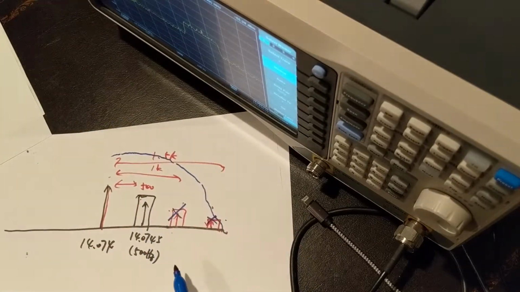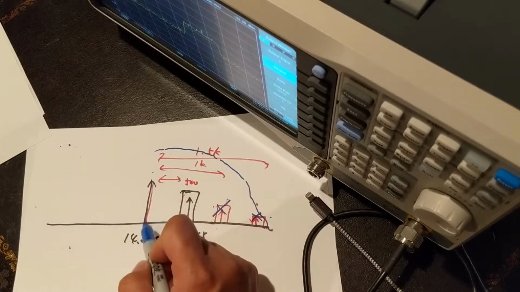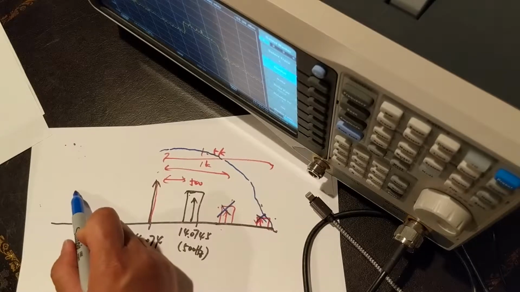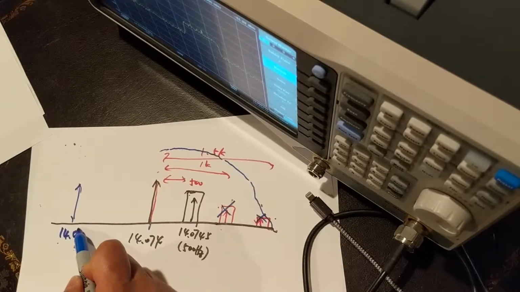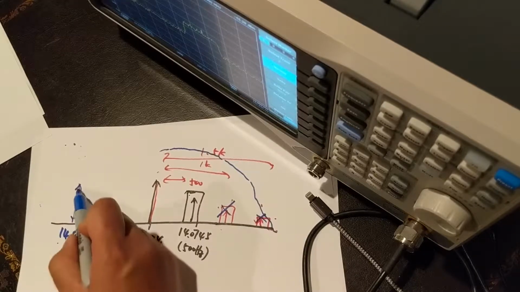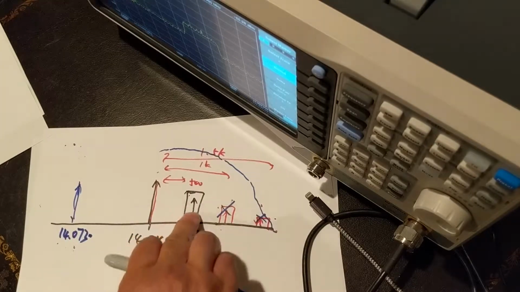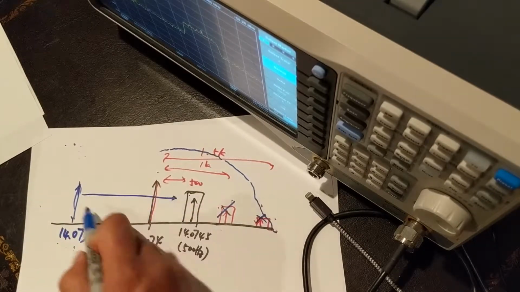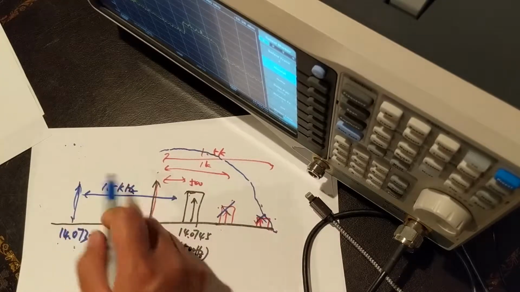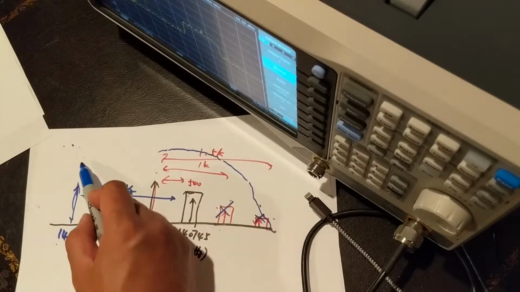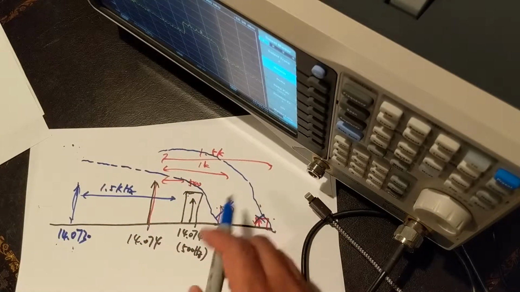So the way to solve this problem is, instead of sending at this carrier frequency, I send lower at 14.073, and I modulate 500 plus 1. I shifted by 1.5K hertz, and so when I modulate this out, my pass band is this one.